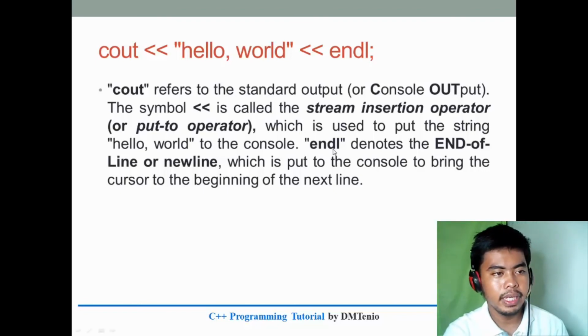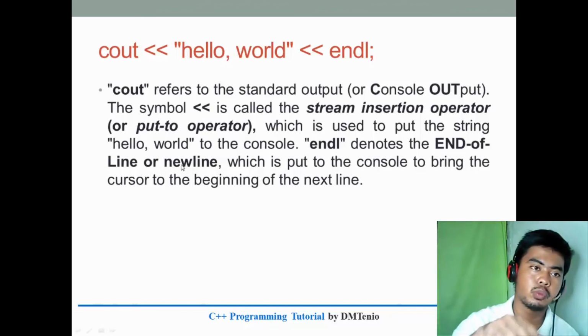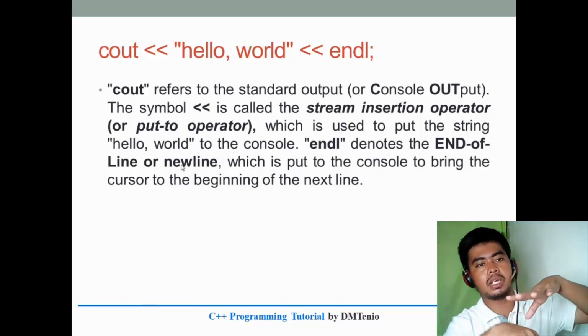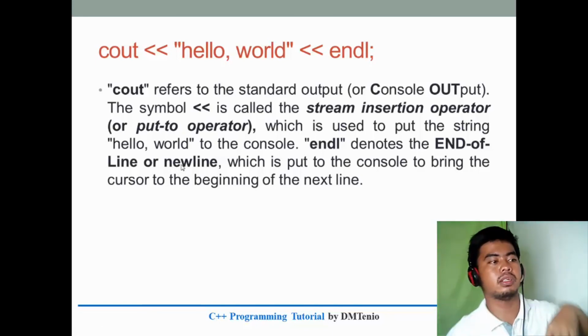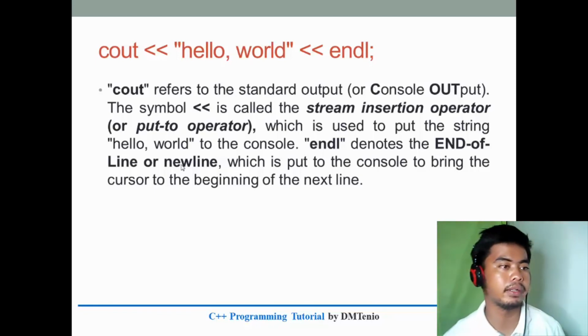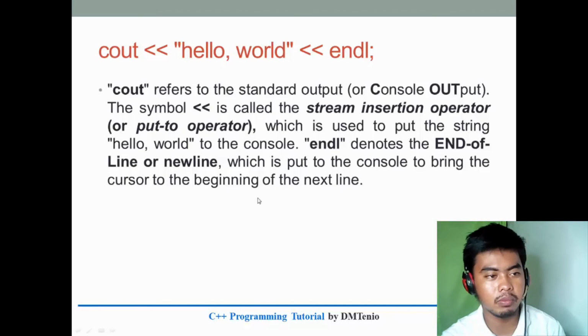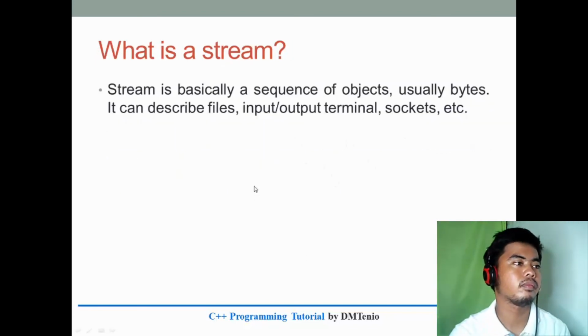Endl denotes the end of the line, or new line, like pressing enter. After you display something and want the next line below, you add endl, which brings the cursor to the beginning of the next line.